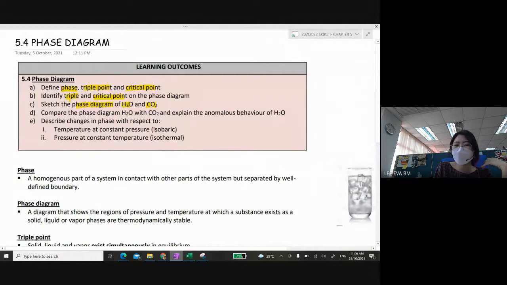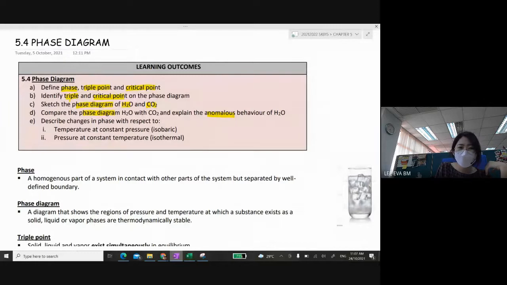Then after that, we want to compare the phase diagrams: what is the difference between the phase diagram for water and the phase diagram for carbon dioxide, and explain the anomalous behavior of H2O. Anomalous means special or different, an abnormal behavior of the H2O.